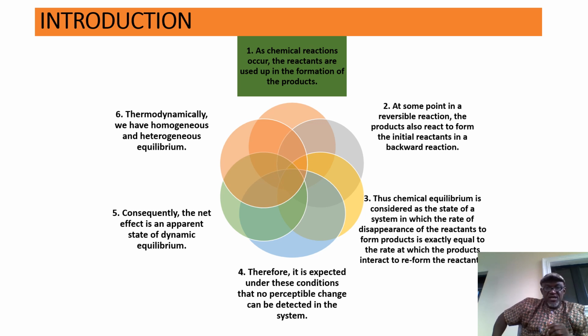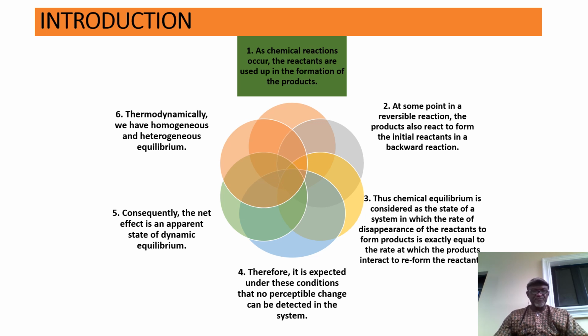So at any moment, if one person inside leaves and goes outside, another person outside comes in, it's still 25, 25. That's what this equilibrium is talking about. We will not see any change in the concentration at equilibrium. Although there is a dynamic thing happening, you won't be able to detect the change in concentration. Five, consequently, the net effect is an apparent state of dynamic equilibrium.